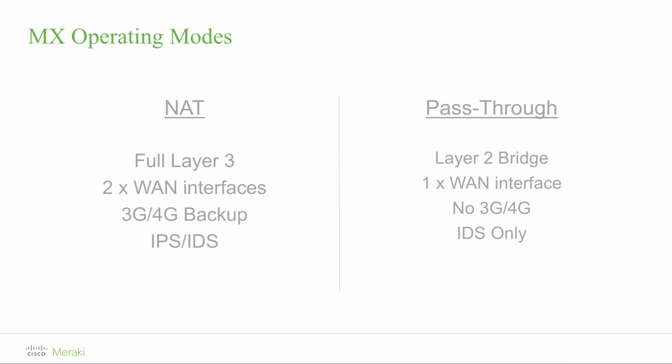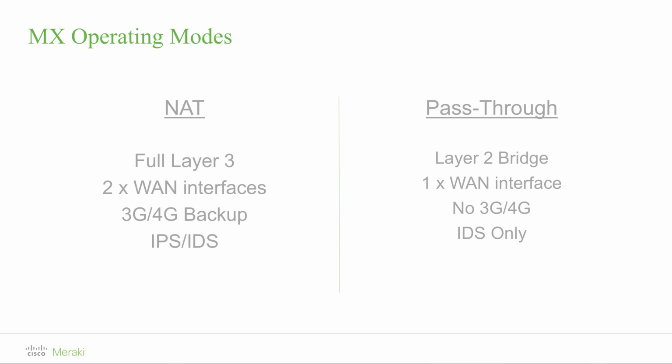So, to sum up, if you want the device to be fully functional, release IPs to your end users, and do all the features that we talked about at the beginning that the MX can handle, then you need to put it in NAT mode.